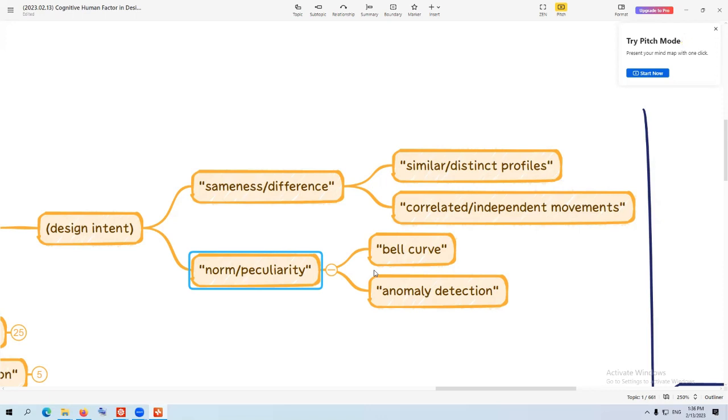Some of the analytics that I was working on when I was with the bank was about anomaly detection. In the old days, banks would detect fraud because they knew the pattern.